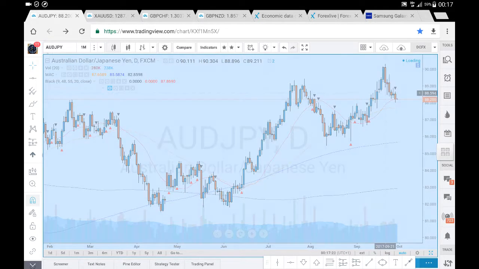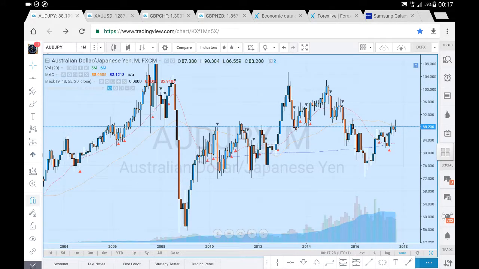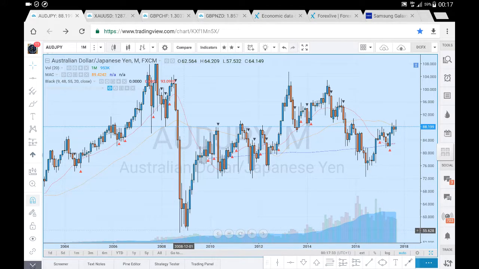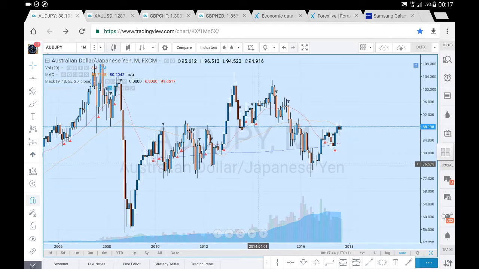So let's just go out to the monthly, just to see where we are, see how prices are developing. On the monthly time frame, we had the lows over here in 2008. We've had higher lows, and we're in a bit of a range here. On this monthly time frame, we've gone into this area around the 73 mark, and buyers have stepped into the market, and this has driven prices up.